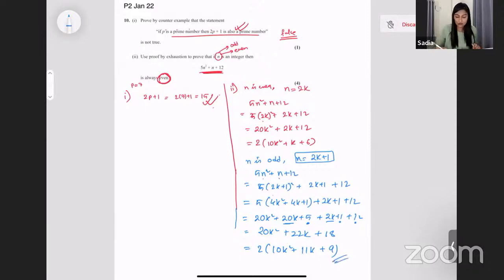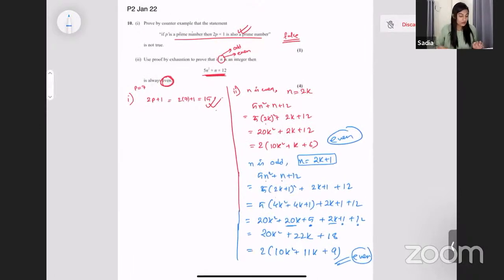Okay, so this is also a multiple of 2, making it an even number. So that's even, that's even. So that's it. That's Jan 22, number 10.